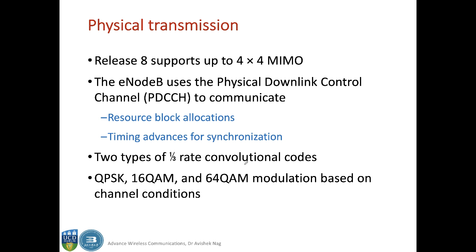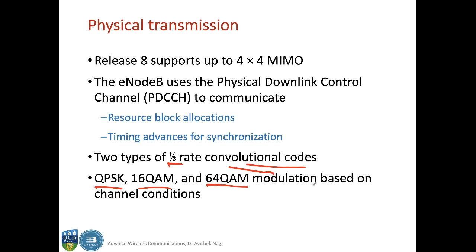So again, you can see how the concepts that some of you have learned in digital communications are getting utilized practically here. You have learned about convolutional codes in my digital communication class. So here you can see how these things are applied in LTE.